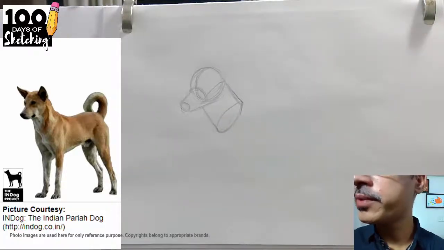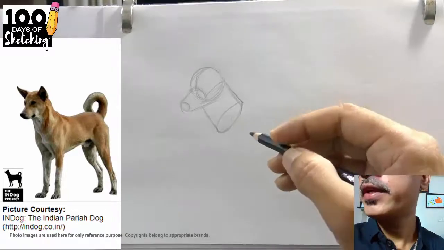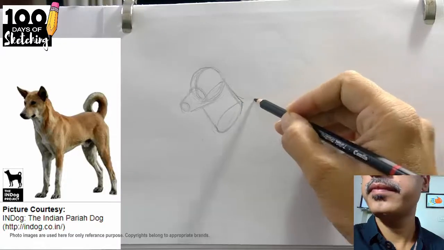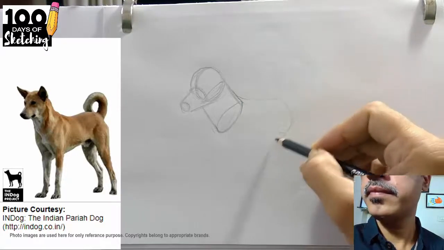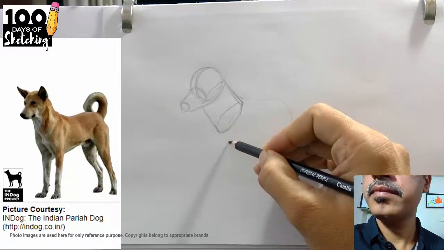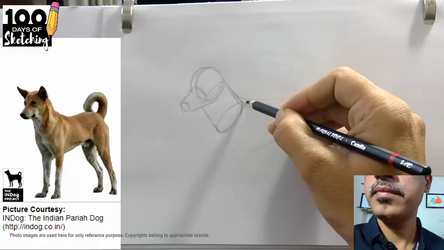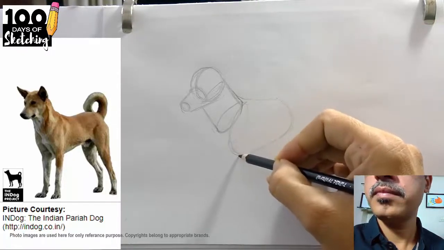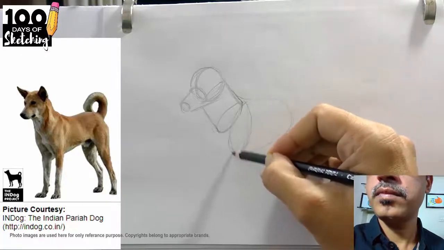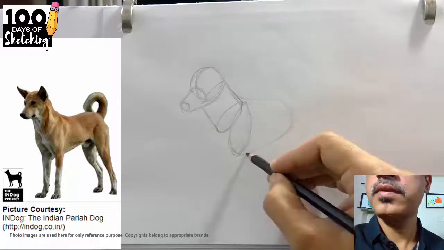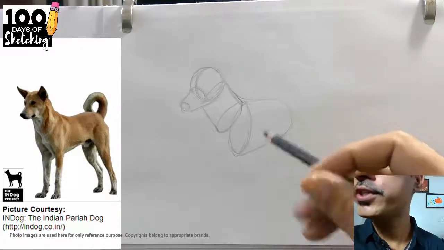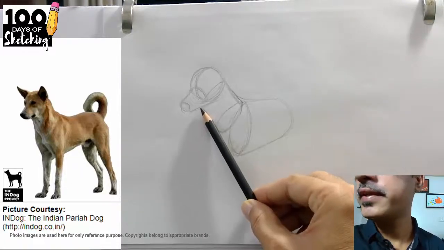For the body also I'm seeing a cylindrical form, which is this one.